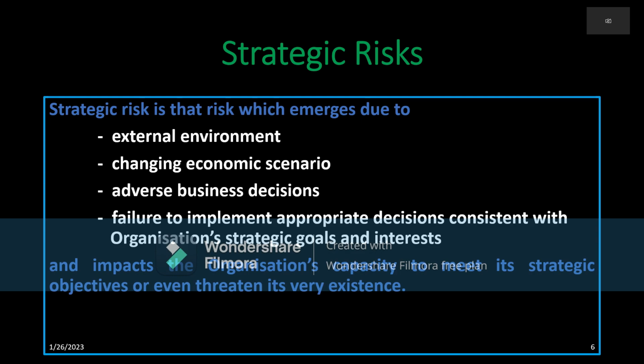Some of the examples could be competitive risk, example Nirma versus Surf; change risk, pager versus mobile; regulatory risk, plastic ban impacting packaging industry or diesel ban impacting transport industry; failed decision risk, example is setting up a dairy plant in a red zone declared due to critical water table.